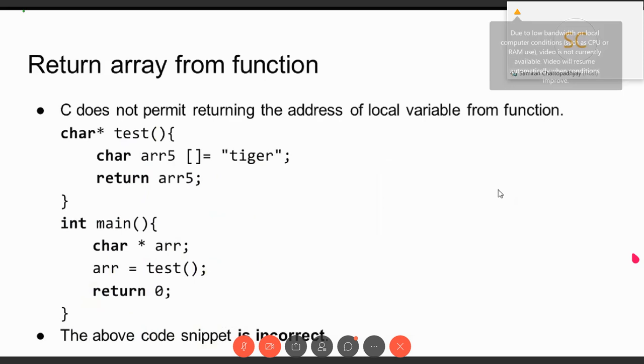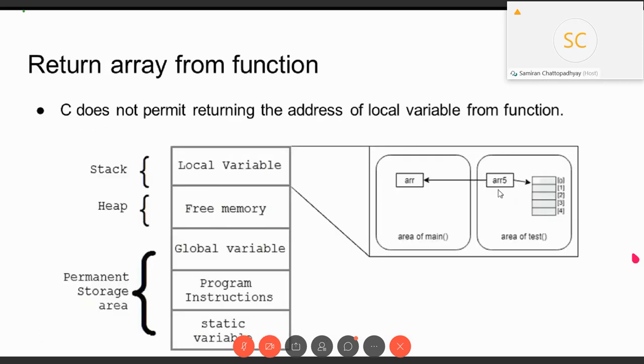Correct? So ARR will contain the address of T now. ARR5's value is copied to ARR. So now I can access TIGER.